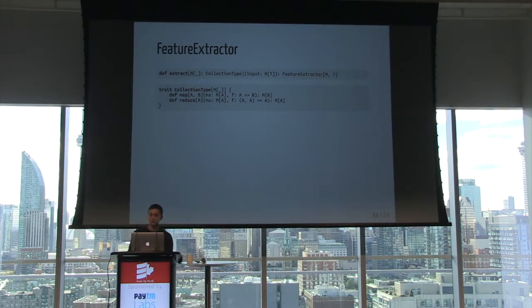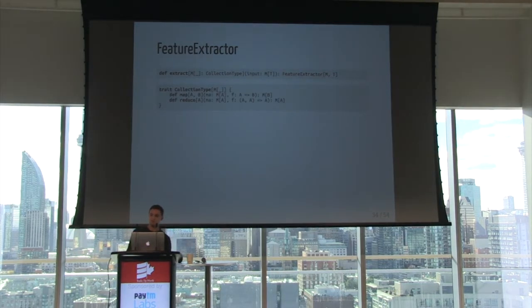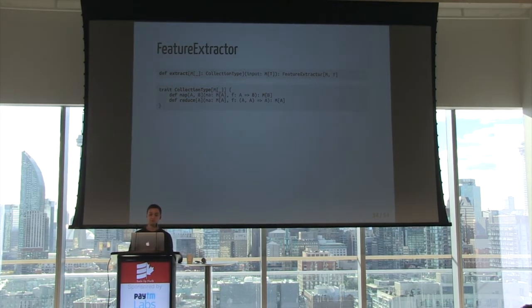Here's the trait as it's defined in Featran. It's pretty simple. It just has a couple of methods, which are map and reduce. There are a couple of others in there too, but they're minor implementation details that we can ignore here. This trait definition comes back from the observation we made earlier, which is that the types of transformations usually done in machine learning can all be expressed as aggregators.